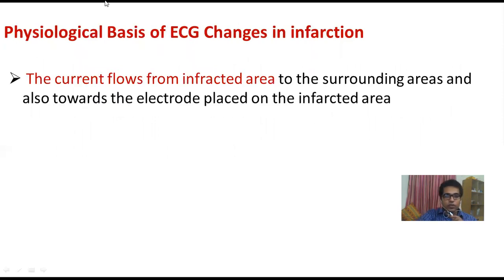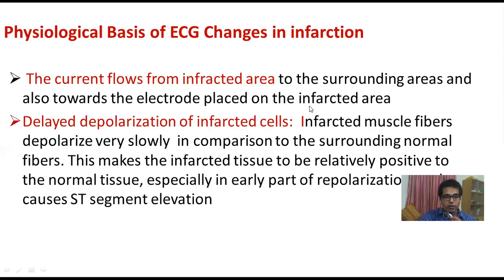So this is the physiological basis of ECG changes in infarction. One thing that is very important: the current flows from the infarcted area to the surrounding area and also towards the electrode placed on the infarcted area.